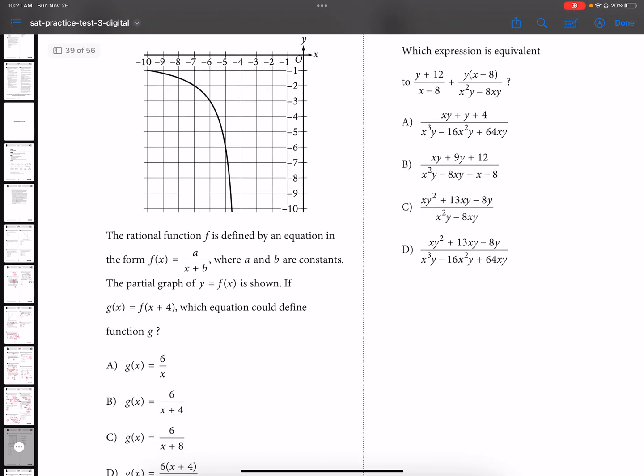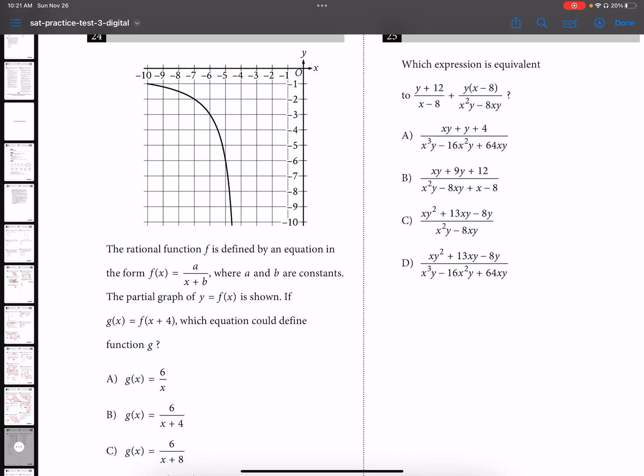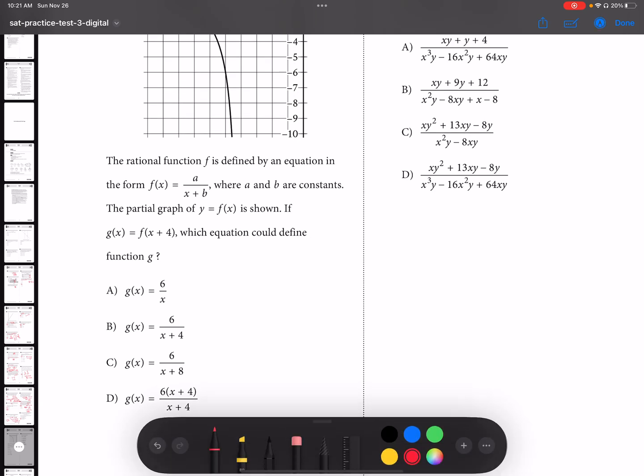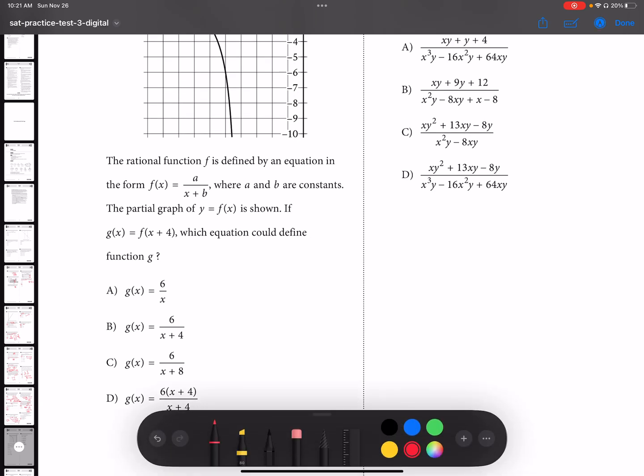Okay, 24. Rational function f is described by an equation, with a partial graph. Which equation should define the function g? For 24, we have f of x is equal to a over x plus b. Now we have a graph that passes through the point -7, -2, so we can use that point.